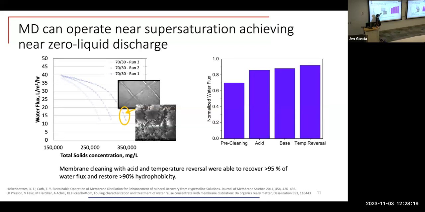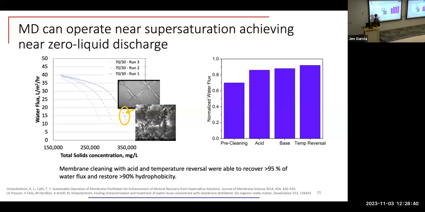But we still see somewhat of a good flux until we get to about 350 grams per liter, which is the saturation of sodium chloride. So this process can essentially concentrate our brines up to saturation.